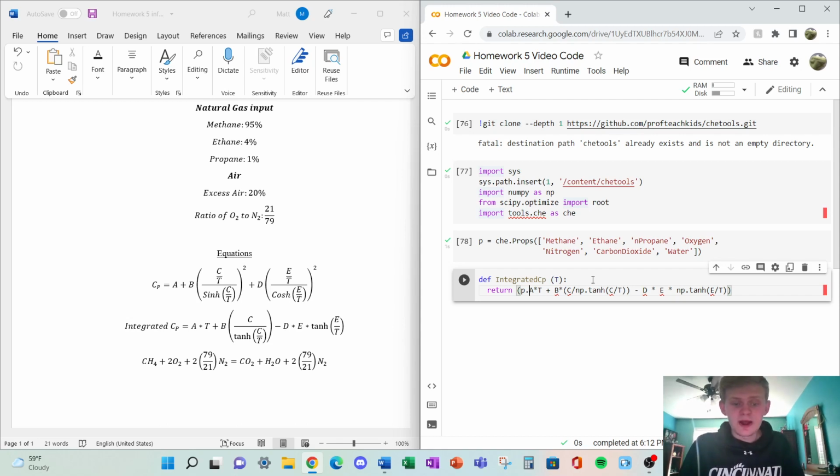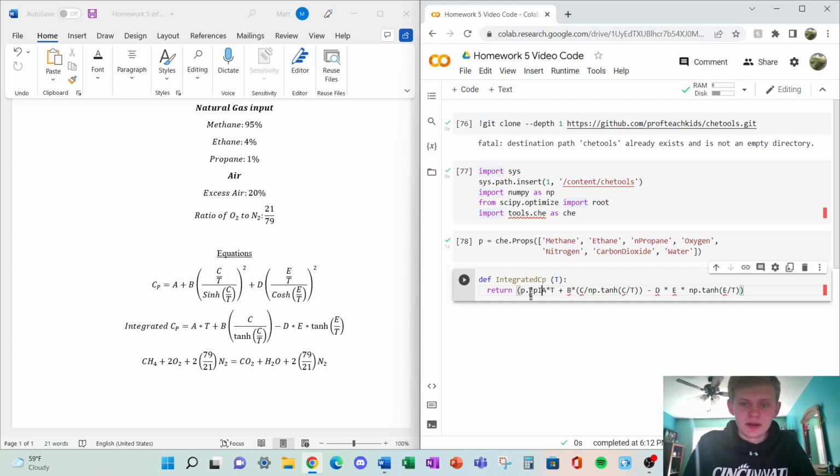What we're trying to find are the parameters from the list of heat capacity parameters of an ideal gas, which goes from A to some further letter. I'm not quite sure how far it goes, but we're just going to use A through E.